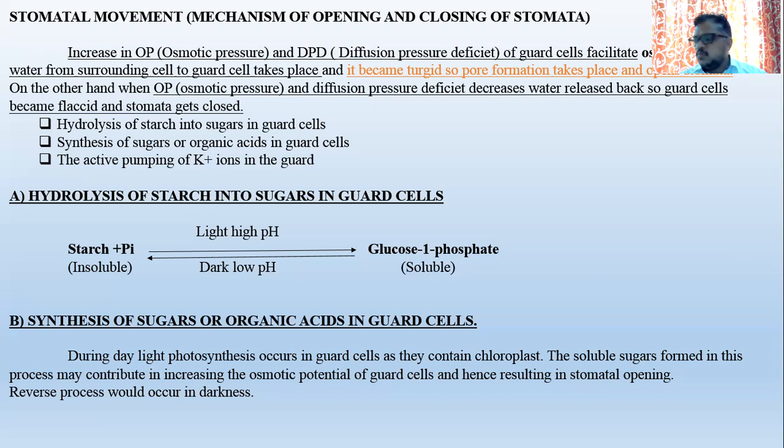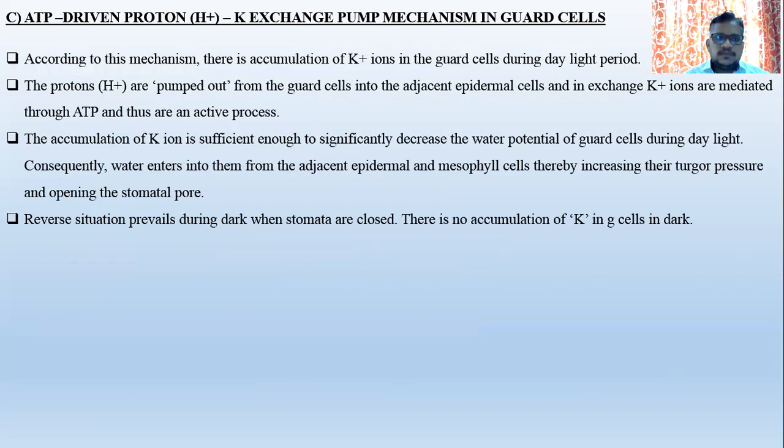Now moving on to the next slide, that is the third mechanism of closing and opening of the stomata: the potassium ion exchange pumping mechanism in guard cells. According to this mechanism, there is an accumulation of potassium ions in the guard cell during the daylight period. Potassium ions are accumulated in the guard cells during the day.